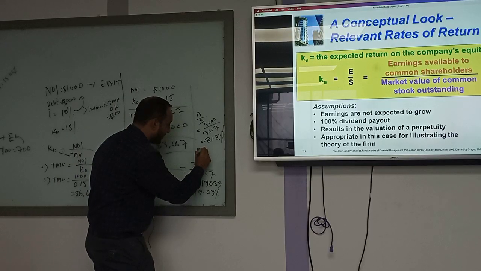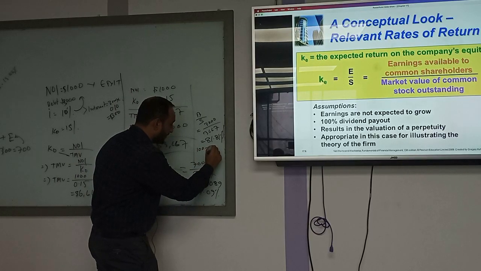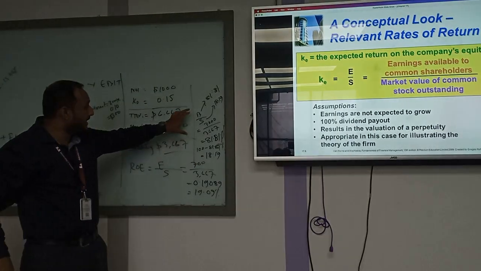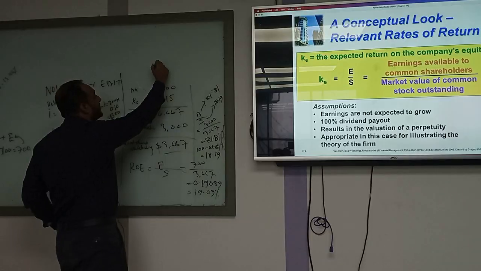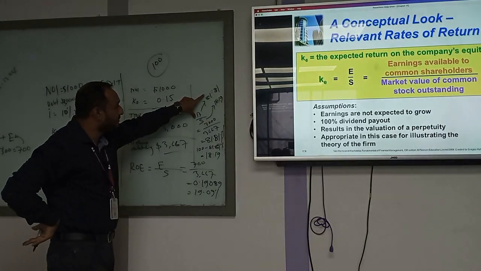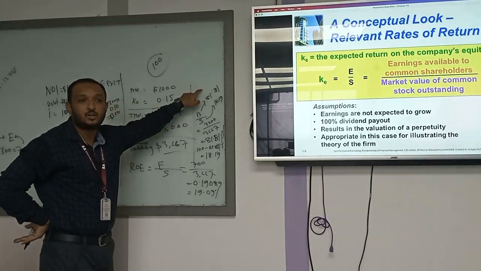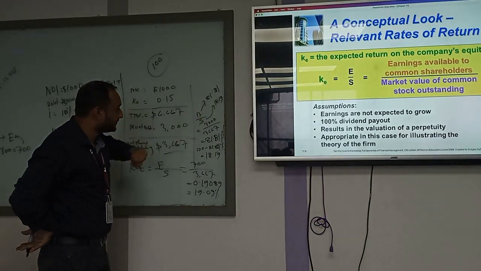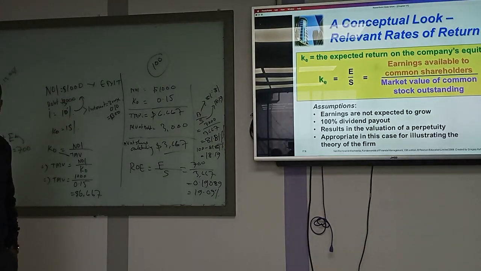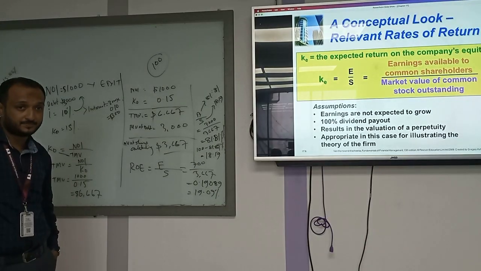So 100 থেকে যদি মাইনাস করি কত হয়? 81.81%, which means that আমার $100 যদি আমার টোটাল কোম্পানির ভ্যালু হয়, সেখানে 81.81 হচ্ছে আমার ডেট এন্ড কত 80.19 ইকুইটি। Is it okay?